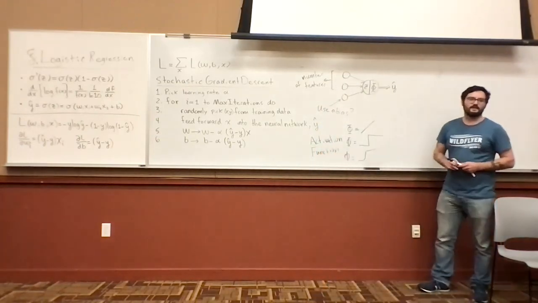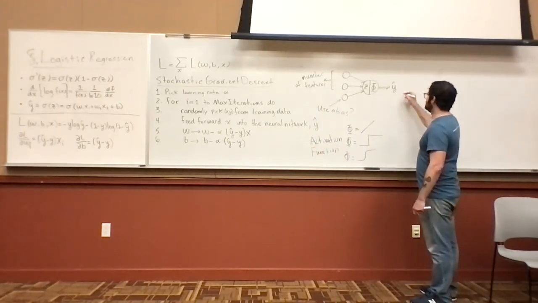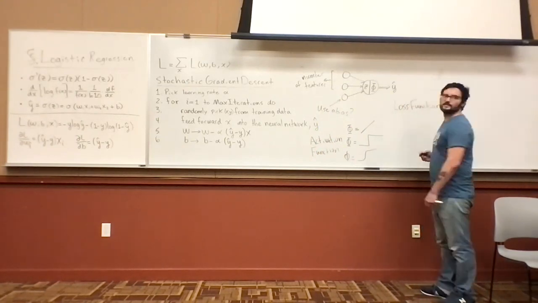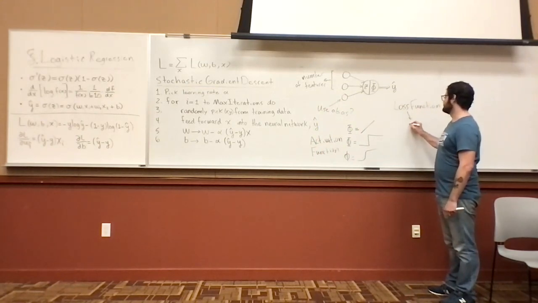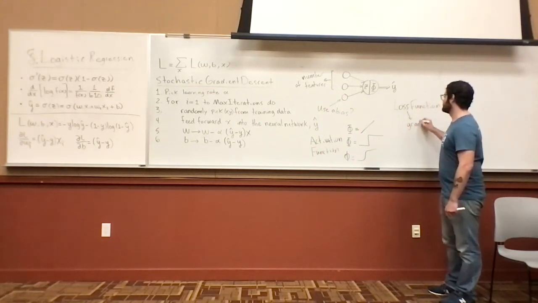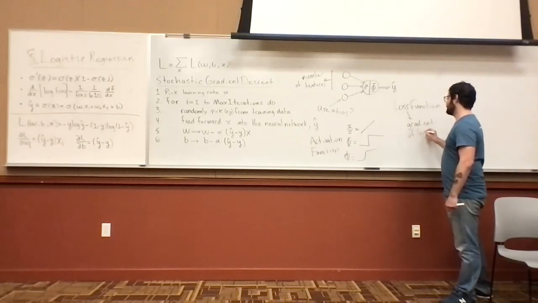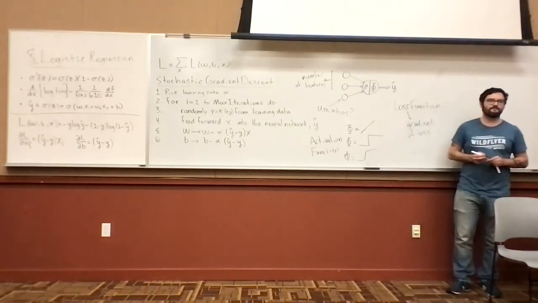Right? And along with that, we need also a loss function, which in turn means that we need the gradient as well. Approximate gradient, right?